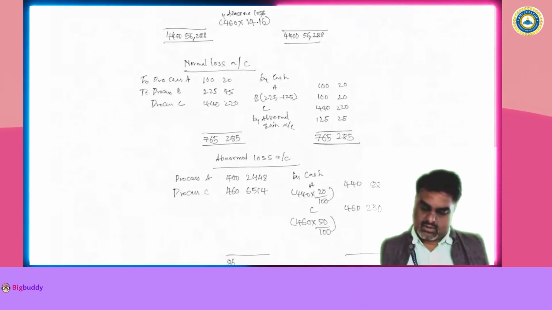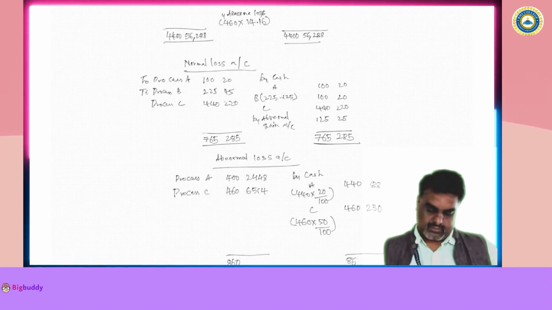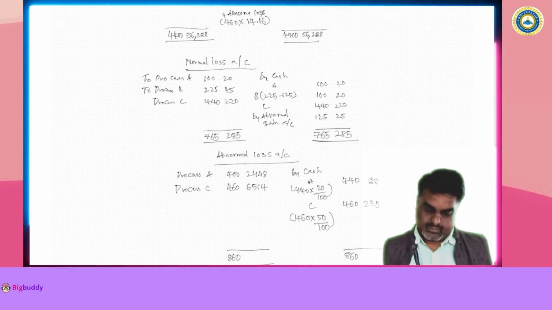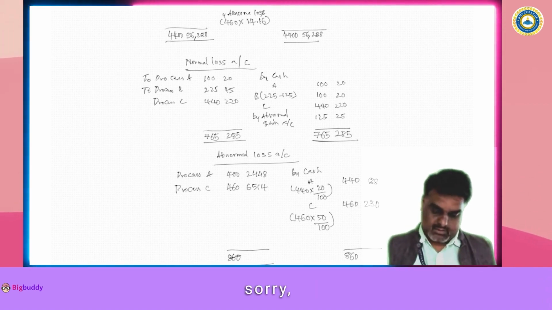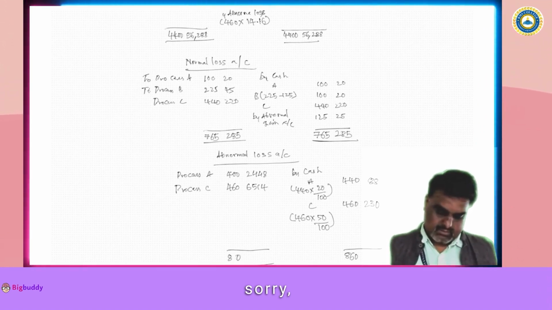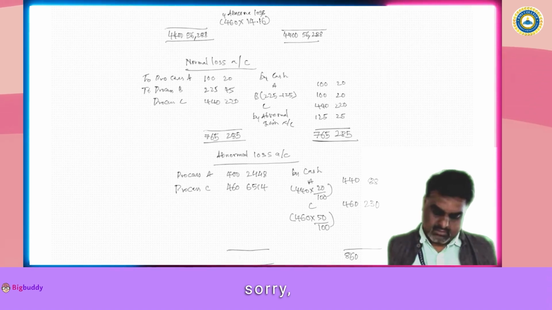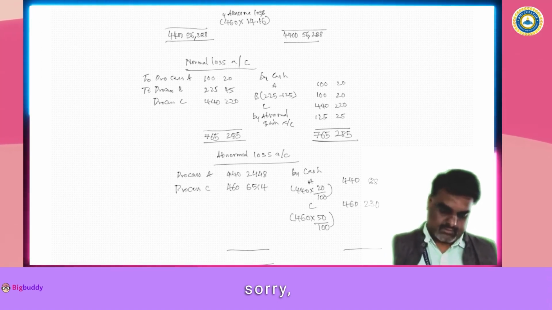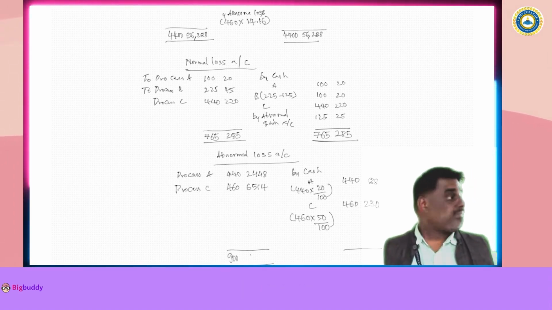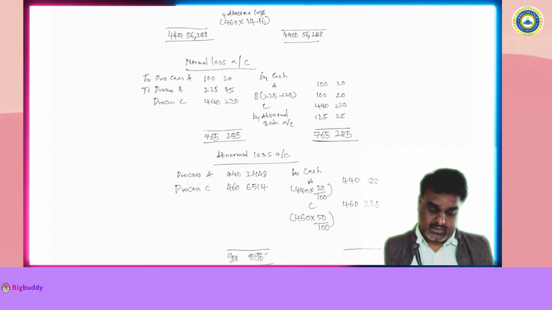Now close the account. It's 900. Nine hundred. How much? 965.